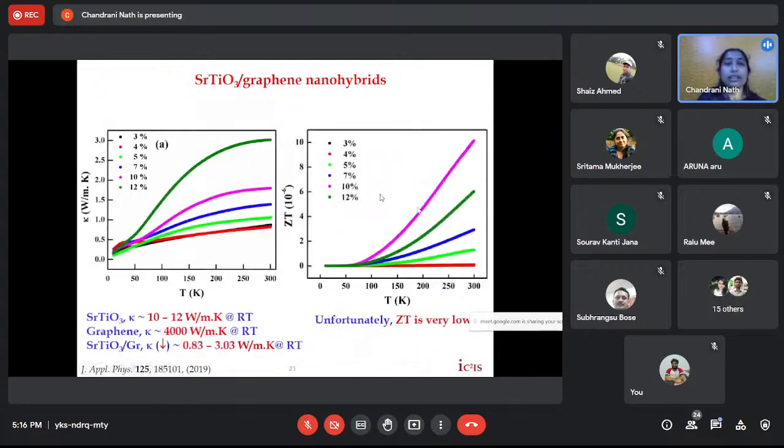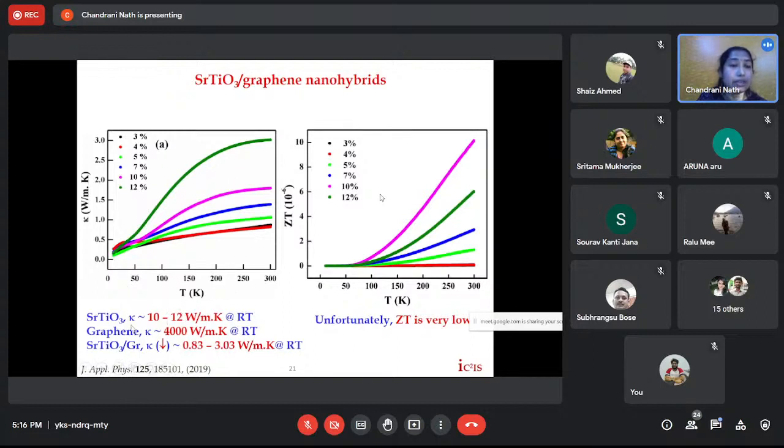Next, let us move to the thermal conductivity and ZT plots. As I have already said, we included graphene as a nanofiller to increase phonon scattering, and we have been successful in decreasing the thermal conductivity.